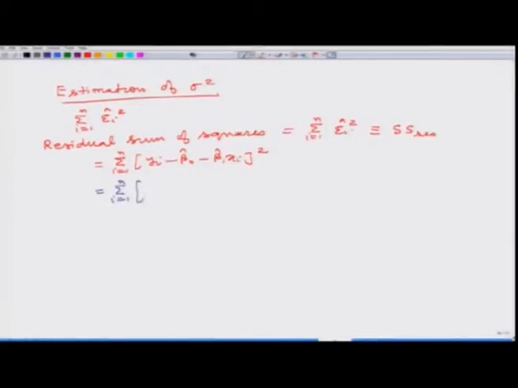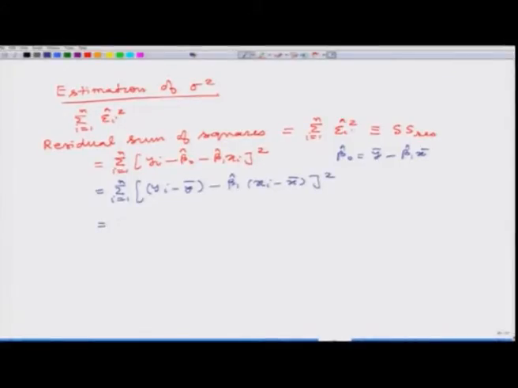I try to substitute the value of beta 0 hat, which is equal to y bar minus beta 1 hat x bar, and then this becomes y i minus y bar minus beta 1 hat times x i minus x bar, whole square.